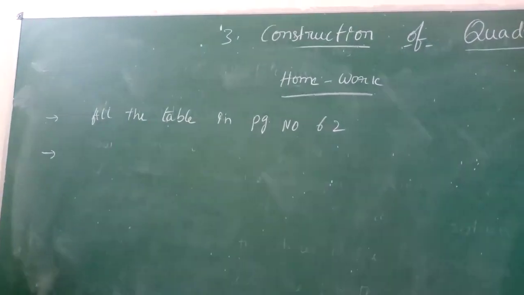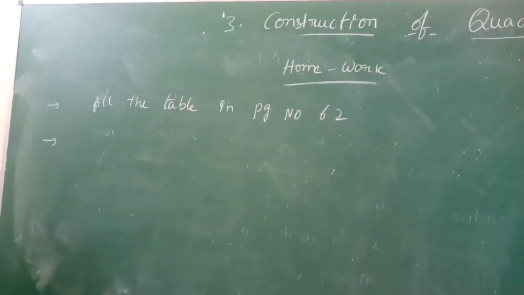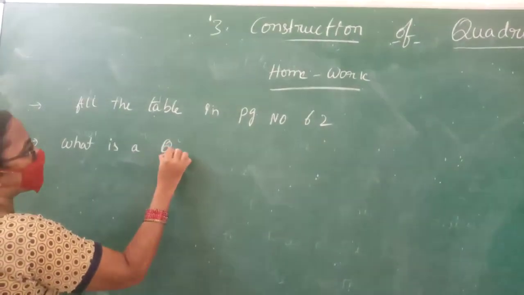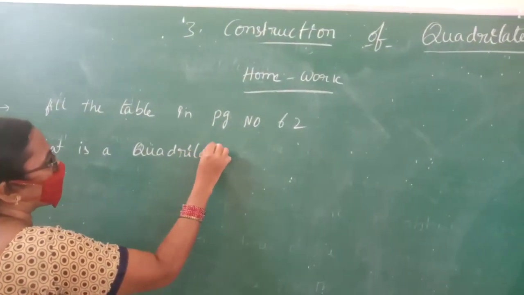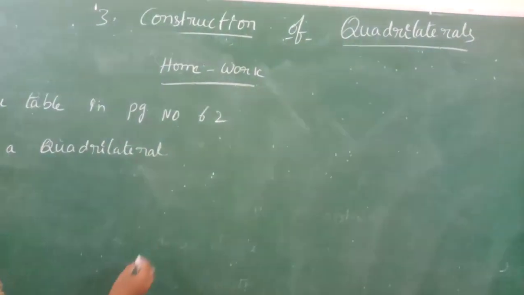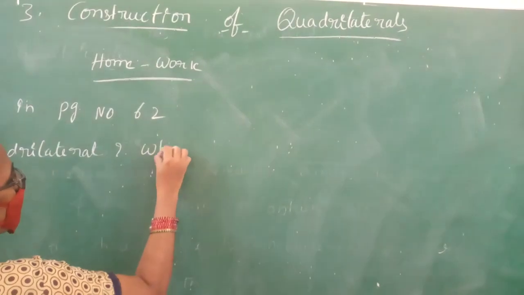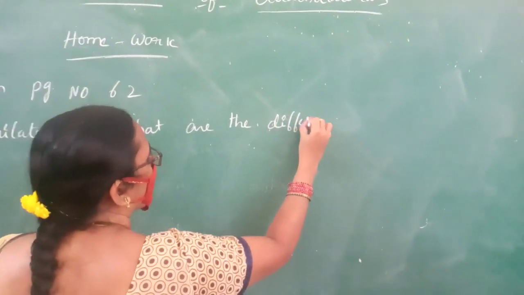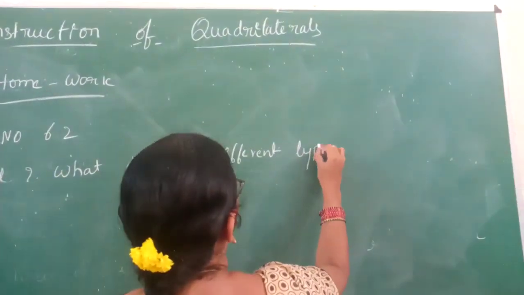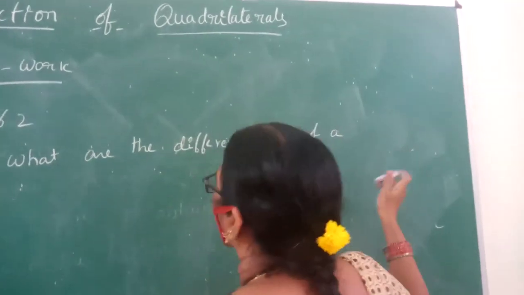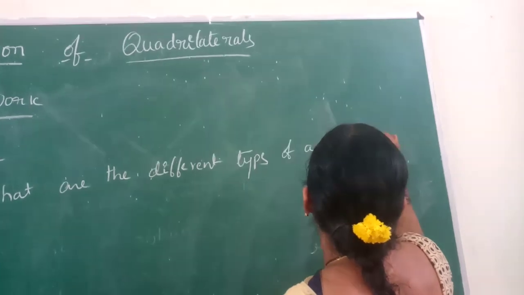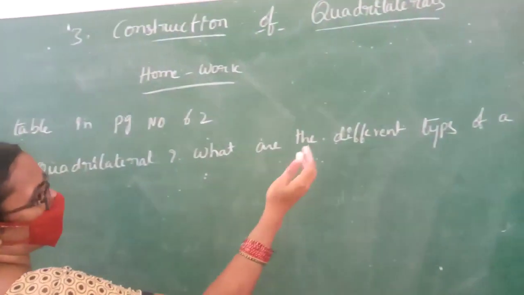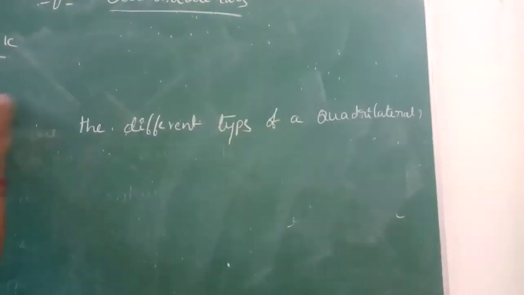And next one, what is a quadrilateral? What are the different types of a quadrilateral?